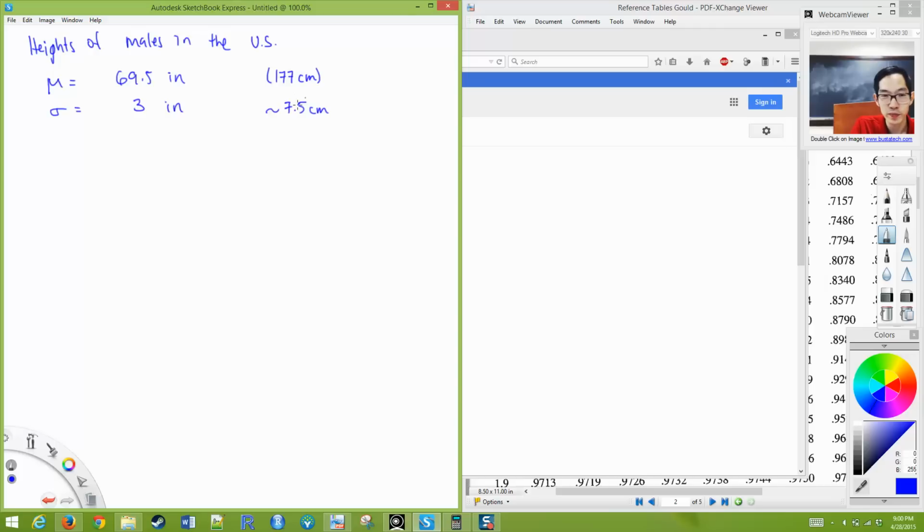His height is 69.5 plus 3, 72.5 inches. I can tell you right now, it's going to be approximately 184.5 centimeters.